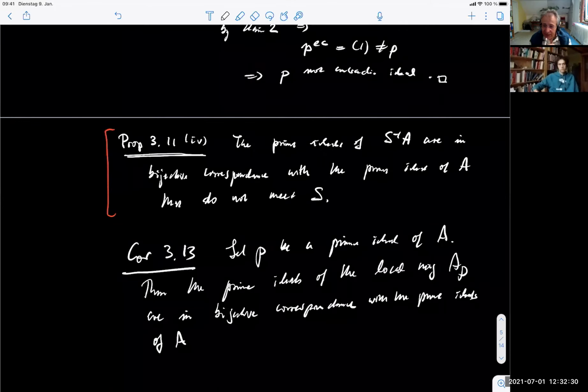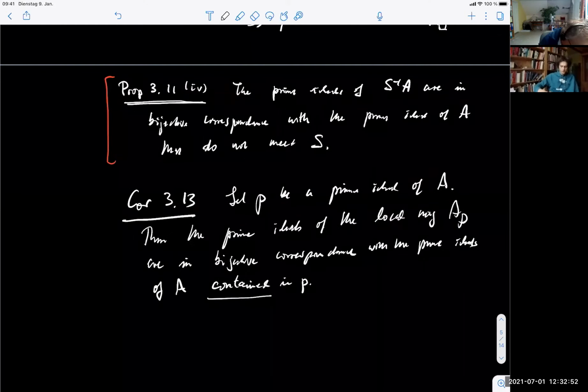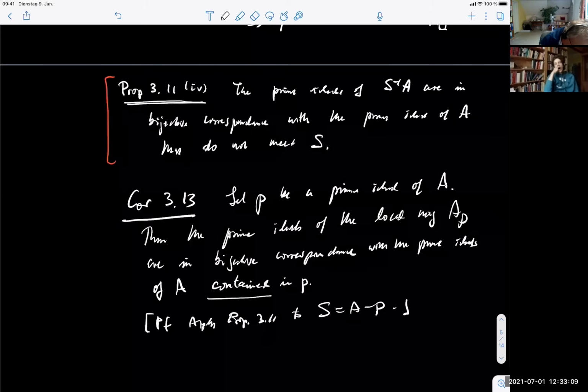Those prime ideals do not meet S, and S is the complement of P. So this means those prime ideals that are contained in P. And the proof is just to apply the proposition to the case where S is A minus P. That's the proof.